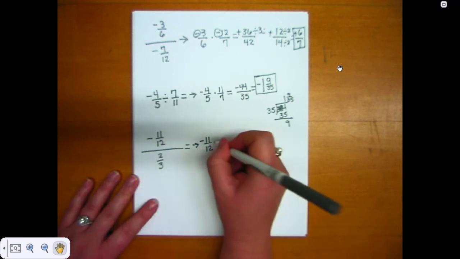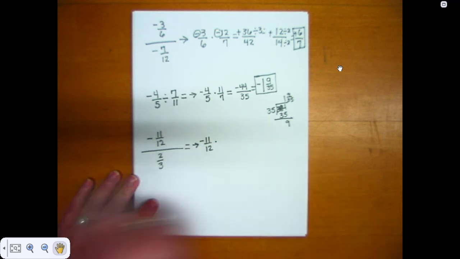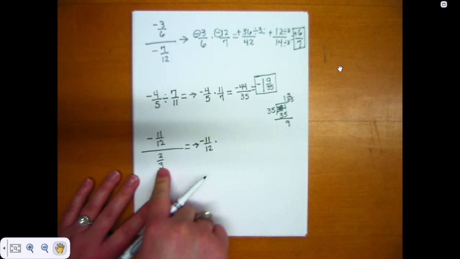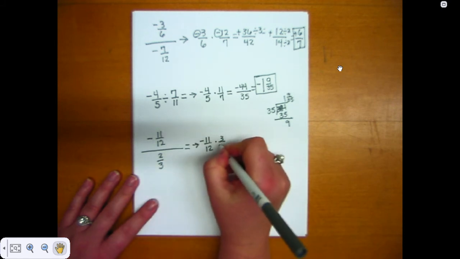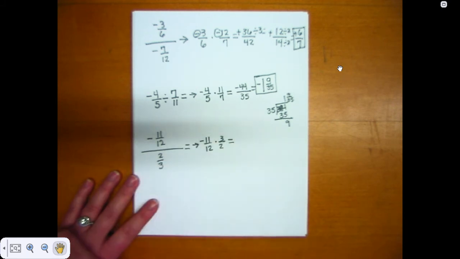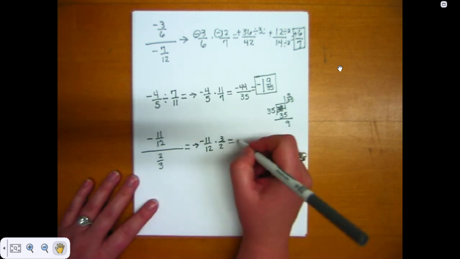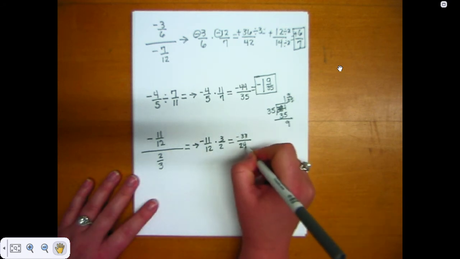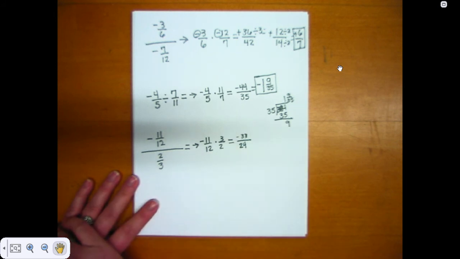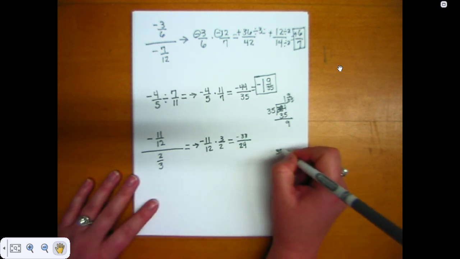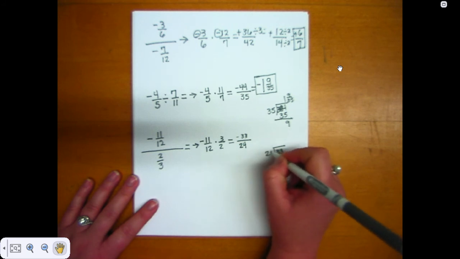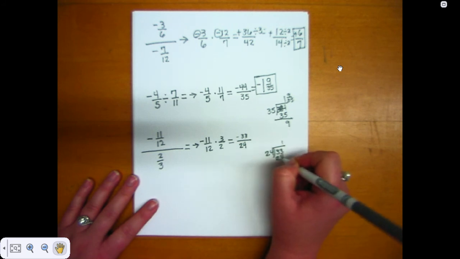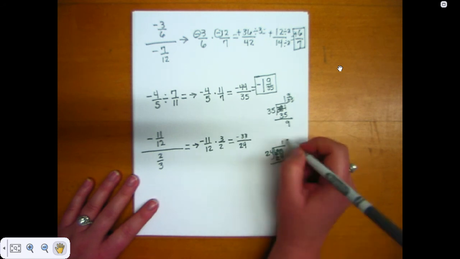We're going to change the division to multiply, and we're going to flip the second one. 2/3 flipped is 3/2. Then we just multiply across the top, and we get negative 33 over 24. That is an improper fraction, so we need to divide.